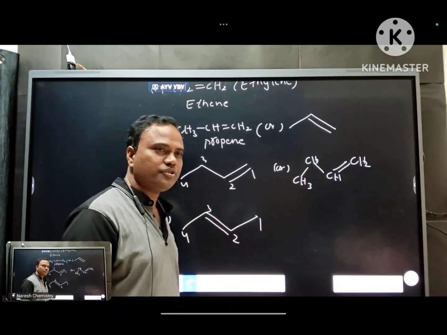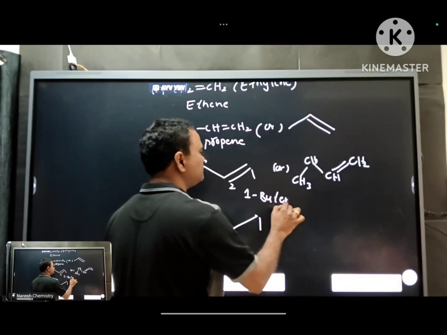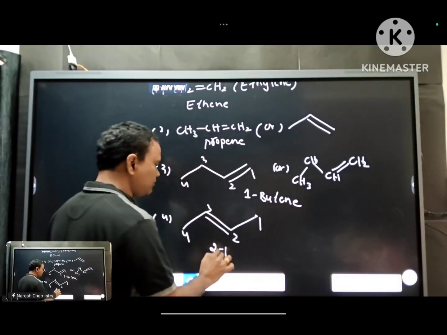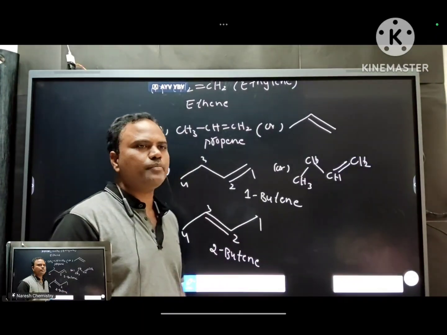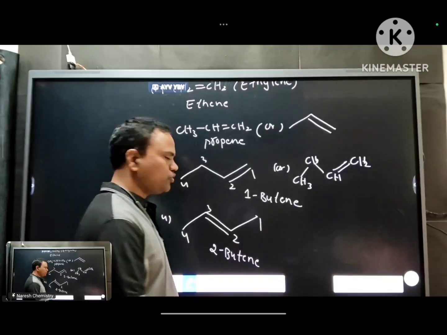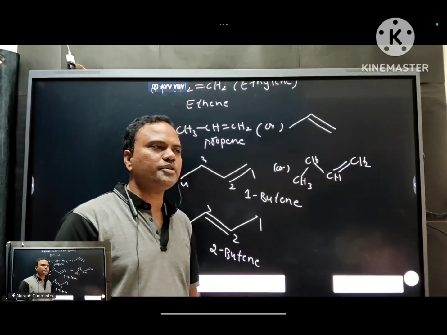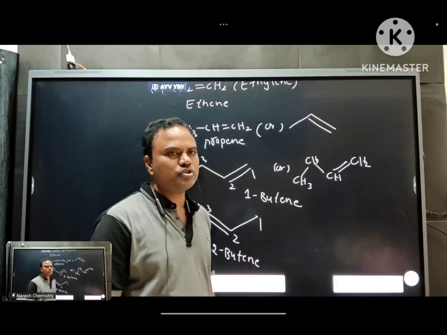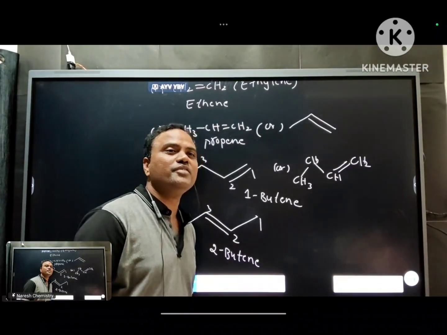Then why are you not saying 1-butene? 1-butene. This is 2-butene. You should mention the numbering, the position of the double bond. 1-butene, 2-butene. What is the relationship between these two? These two are which isomers? Positional isomers, position of the double bond. So that's why nomenclature is important for isomerism.